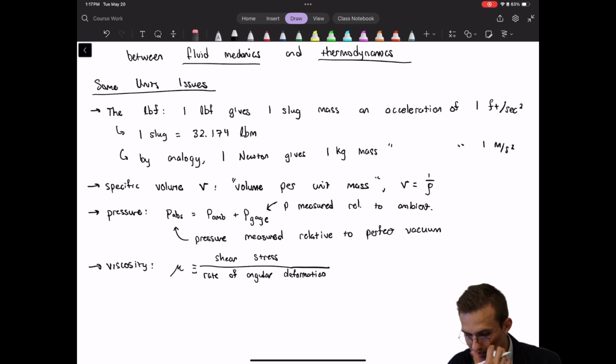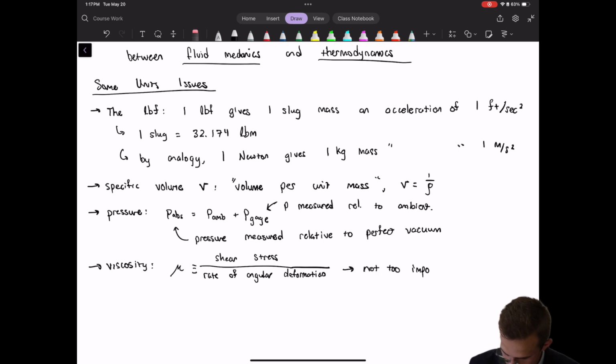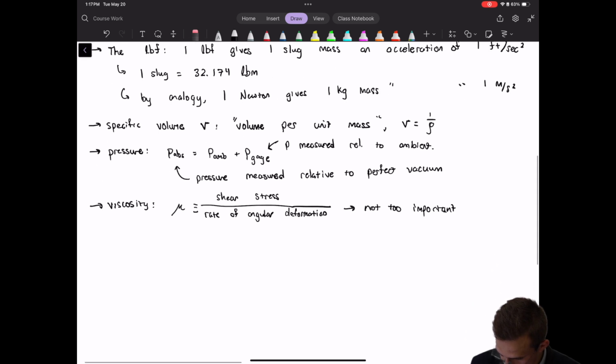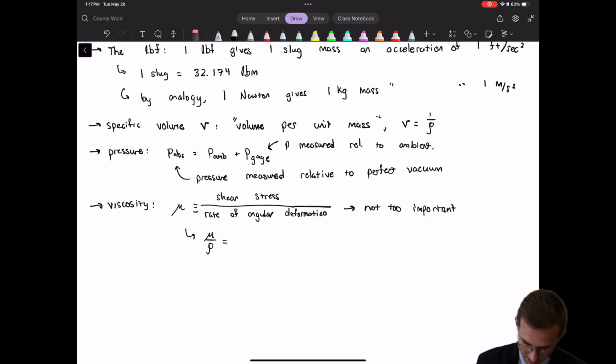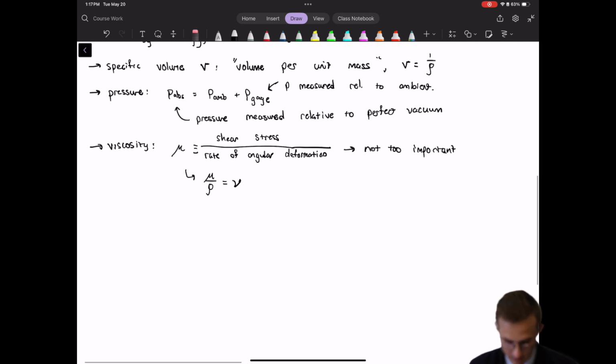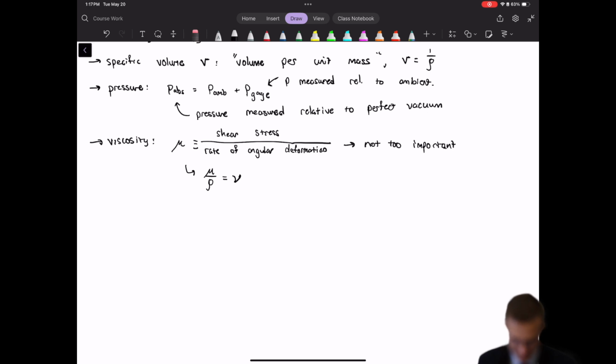It'll come into some of our discussions, but it actually won't be overwhelmingly important for us, so not too important. There's also another quantity which is called the kinematic viscosity. So that's mu over rho, and that is the Greek letter nu. Just another common measure of viscosity that you might see. Again, not super important for this course.